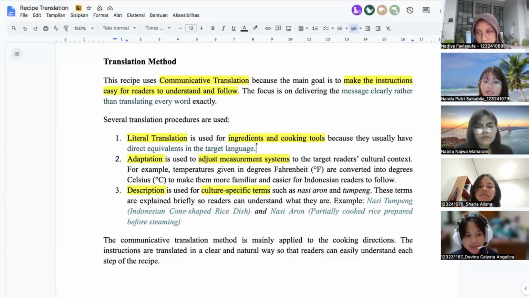And the last translation method we use is description, which is used for culture-specific terms such as nasi aron and tumpeng. These terms are explained briefly so readers can understand what they are. For example, nasi tumpeng we explain here as an Indonesian cone-shaped rice dish, and nasi aron we describe here as partially cooked rice prepared before steaming.